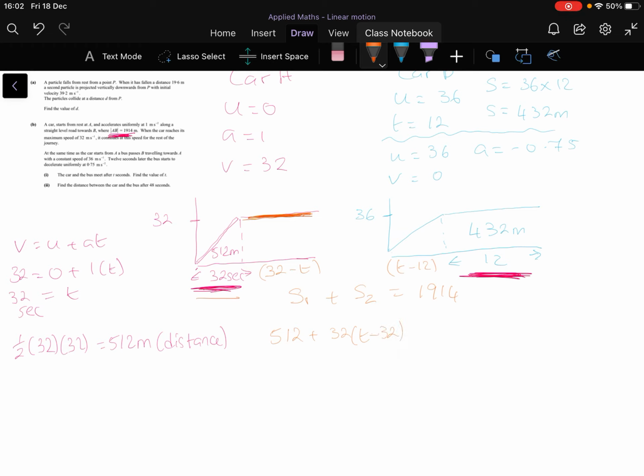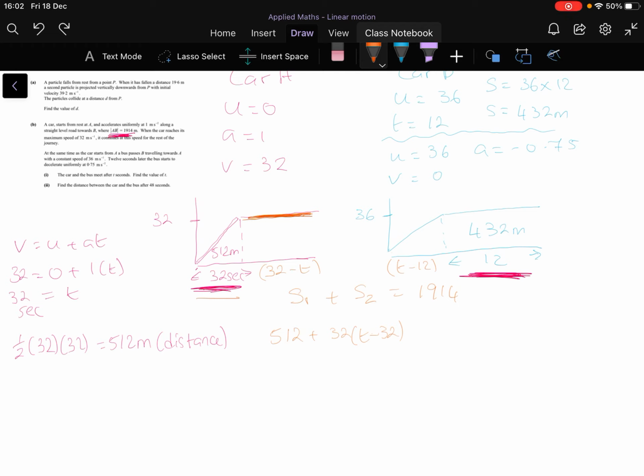The reason why I can use that is because I know what's happening in this section here, and it's not accelerating, not decelerating. There are other stages where you can use the formula S equals u plus v over 2 times t. That formula can get a little bit confusing, so I would try and stay away from it. You will see that formula used in different solutions, but getting the area underneath the curve is probably the easiest way to do it.